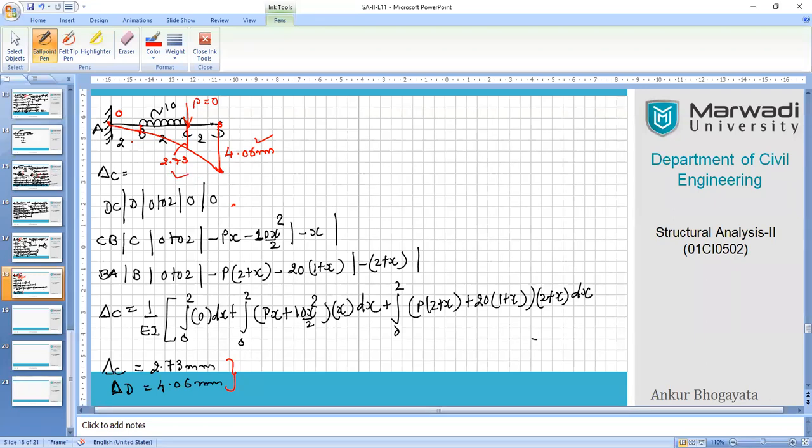But similarly, you have understood one more important behavior: the change of the slope does not take place if you don't have any force in a particular region of the cantilever. For example, again, if I have a structure like this, and I have one force only here, definitely this deflection will be different, right?